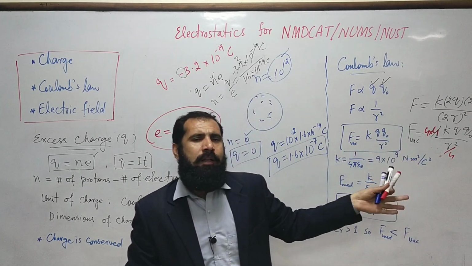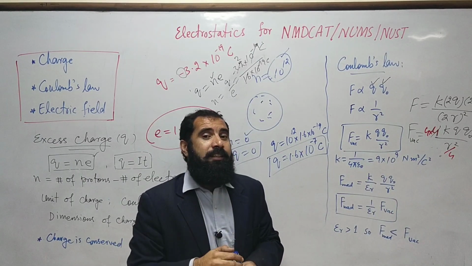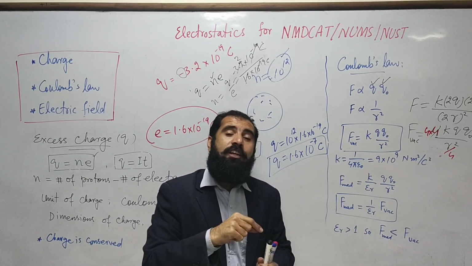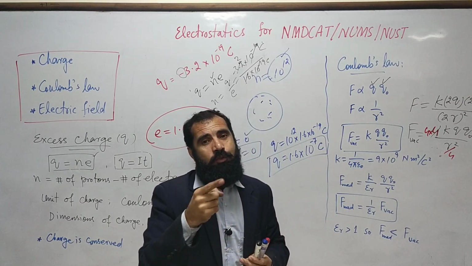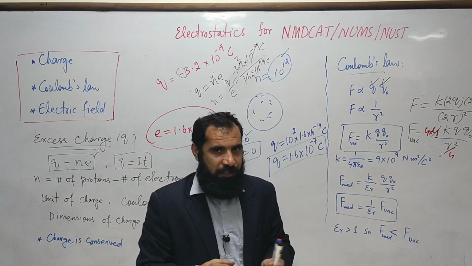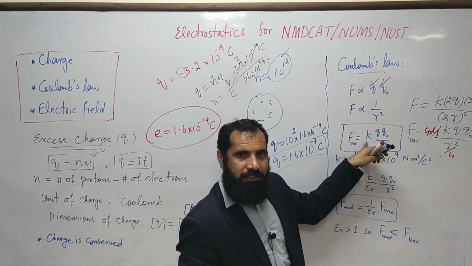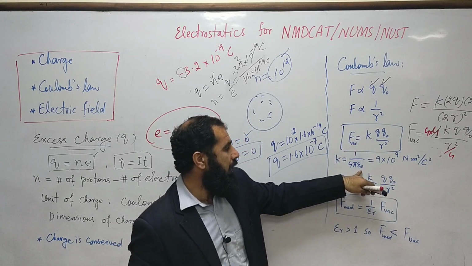So you can solve all those problems by simply keeping in mind that the force is directly proportional to the product of charges and inversely related to the square of the separation between them. And K here is Coulomb's constant. Its value is 9 × 10⁹. It is 1 divided by 4 pi epsilon naught.